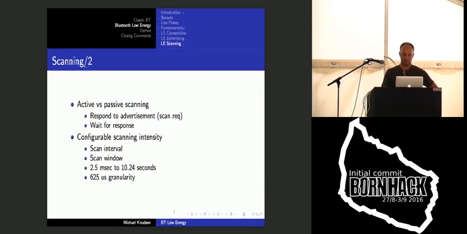So yes, the idea, as I said, with advertising is to offload the intensive part, the aspect of connection establishment or finding the other peer device, to the device that actually wants to find you. Because if you're one of these devices, you don't really know if there's anybody around that would actually like to connect to you.